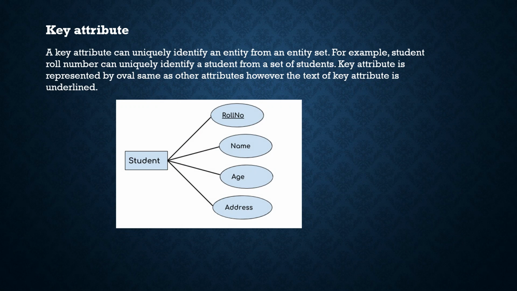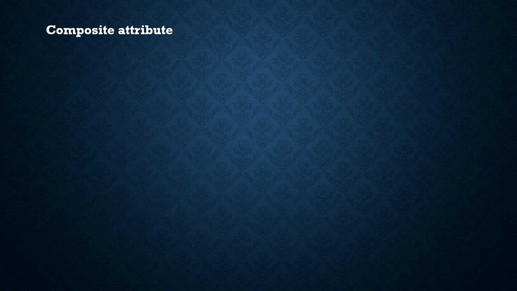Here student is an entity and there are 4 attributes: roll number, name, age and address. Here roll number is underlined, so that indicates a key attribute. So in any entity relationship diagram, an underlined attribute is called a key attribute.